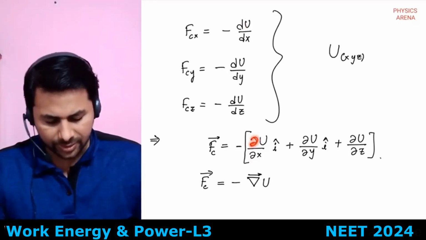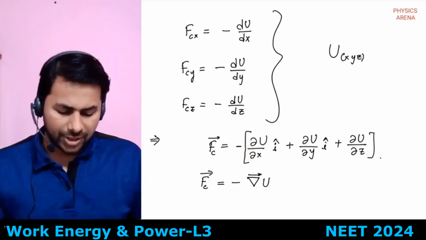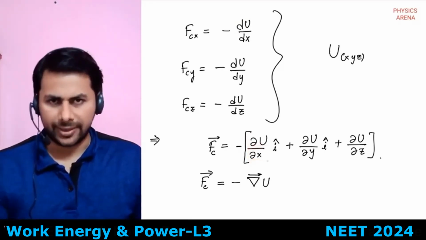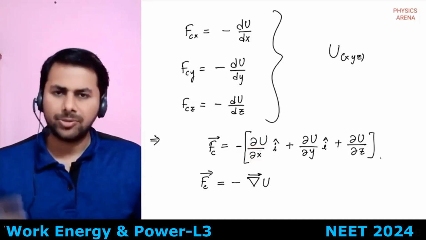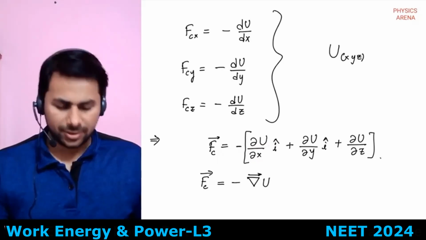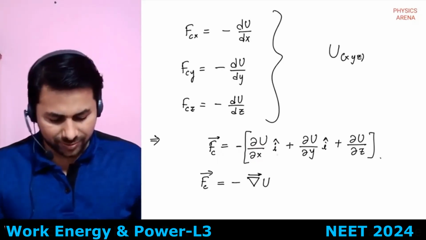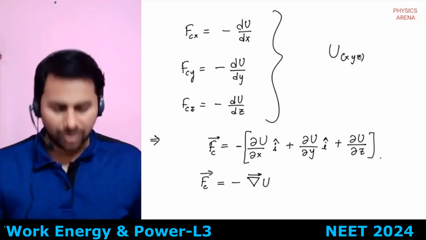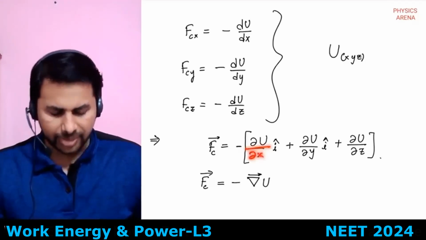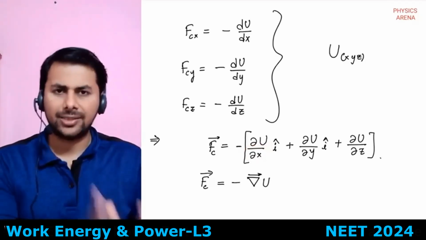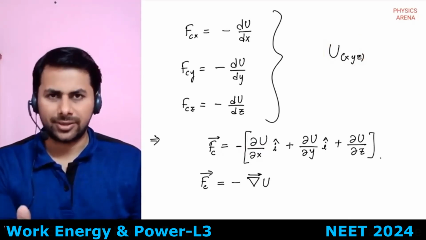We write it as dou u by dou x, which is read as the partial derivative of u with respect to x. Or sometimes partial u partial x, or del u del x. Never mind the names, there are a lot of names. So when you are taking the derivative with respect to x, if there is y and z in this function, you treat them as constants.